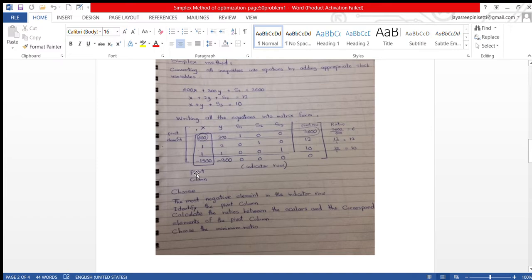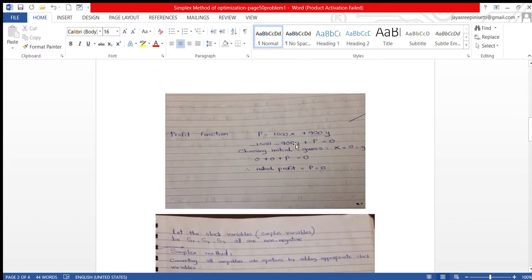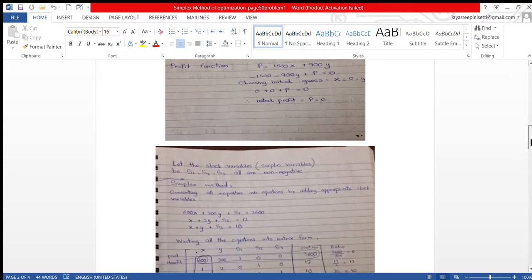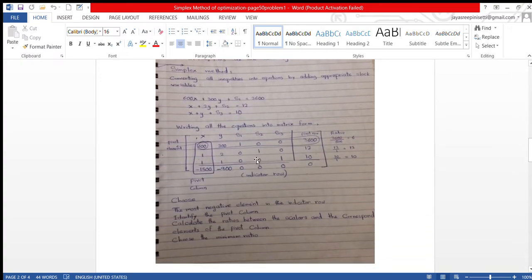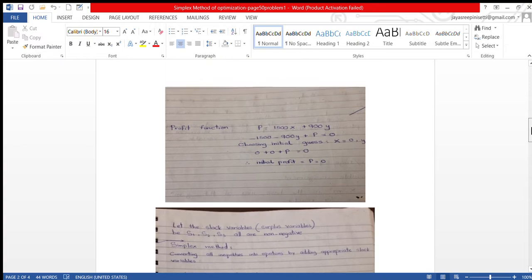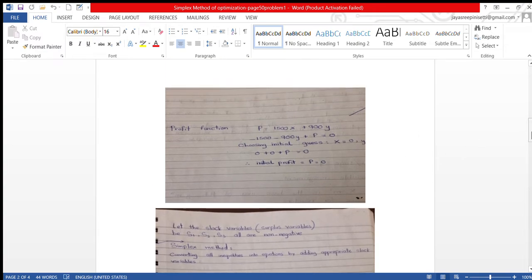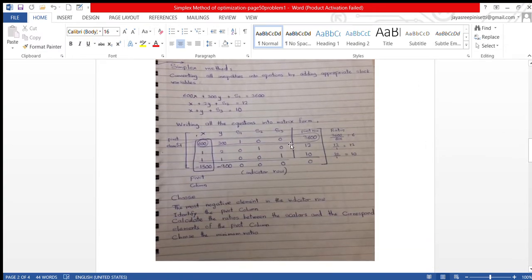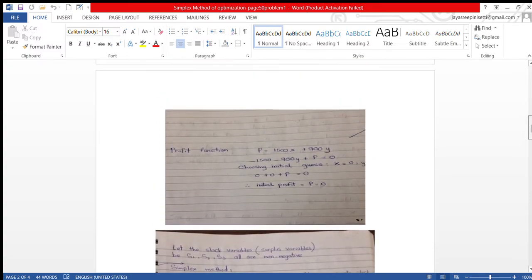Minus 1500, right? What is the coefficient of y? Minus 900, right? And there are no slack variables, because it is already an equality equation. So there is no S1, S2, S3. What is the right hand side? The initial profit P is 0, right?